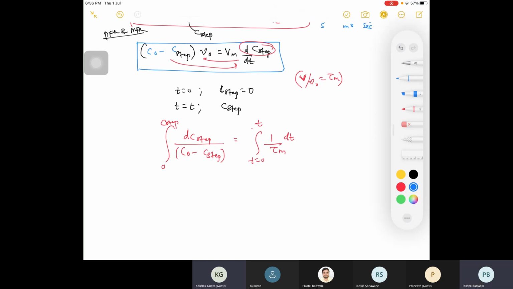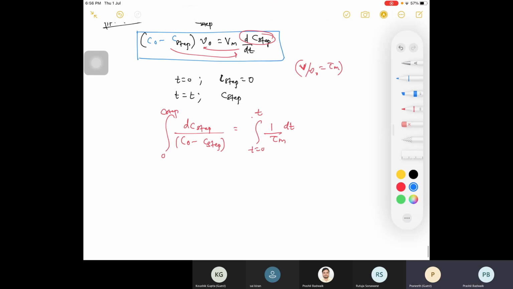Okay, yes, it is correct. C naught divided by C naught minus C step, or yes, you can write it in terms of C step equal to C naught into 1 minus e to the power minus t by tau.